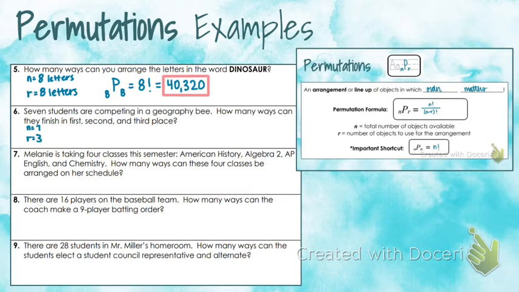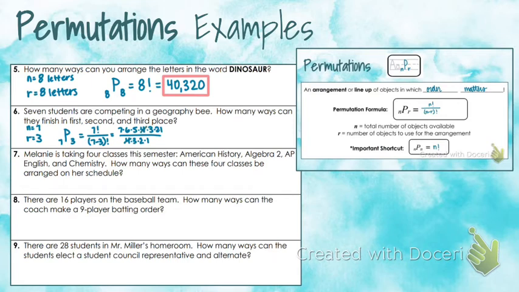So this is going to be 7P3. And I could make you guys use the formula. The formula would look like this. It would be 7 factorial over 7 minus 3 factorial, which would be 7 times 6 times 5 times 4 times 3 times 2 times 1 over 7 minus 3, which is 4, so 4 times 3 times 2 times 1.